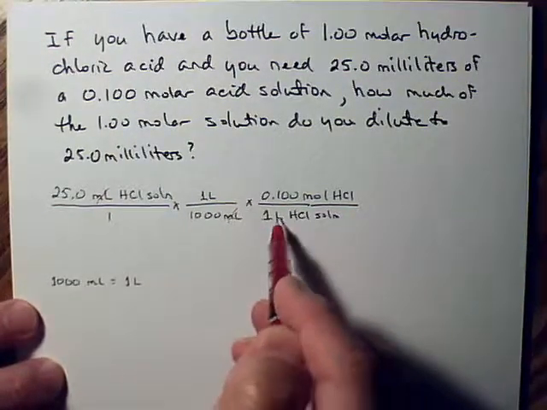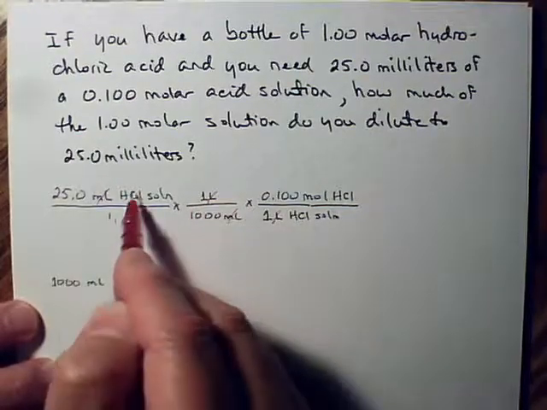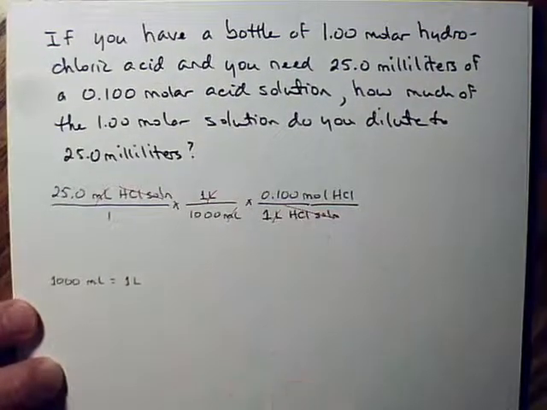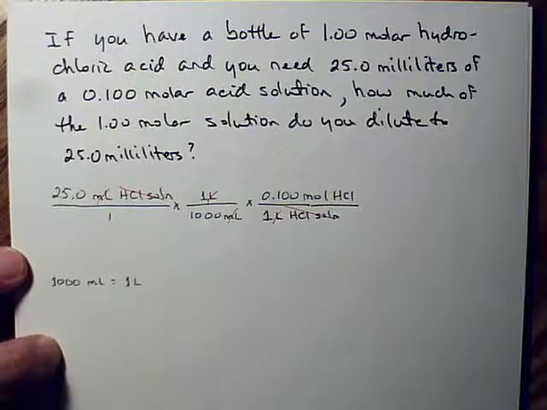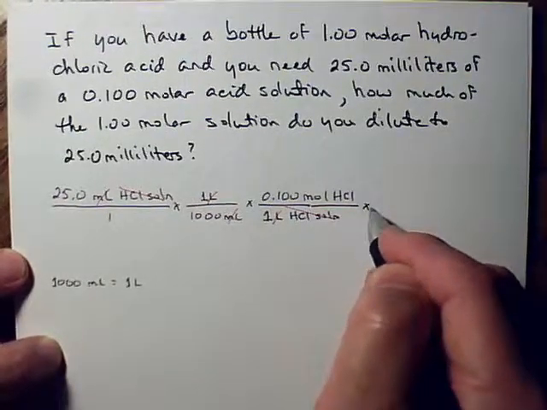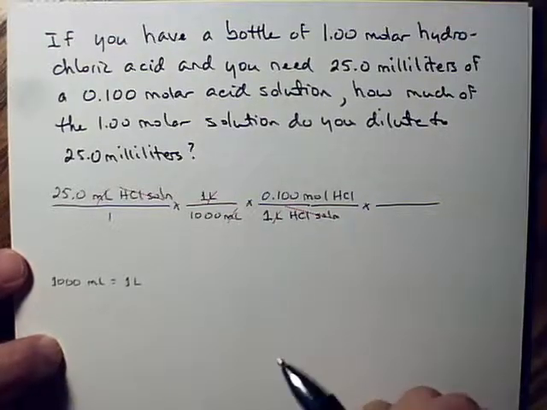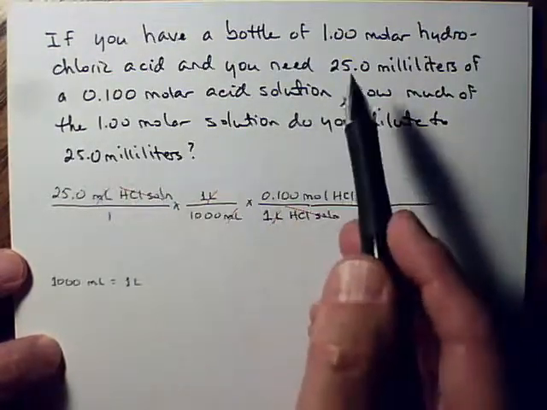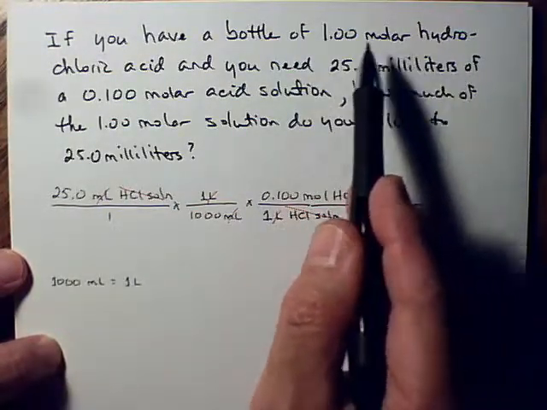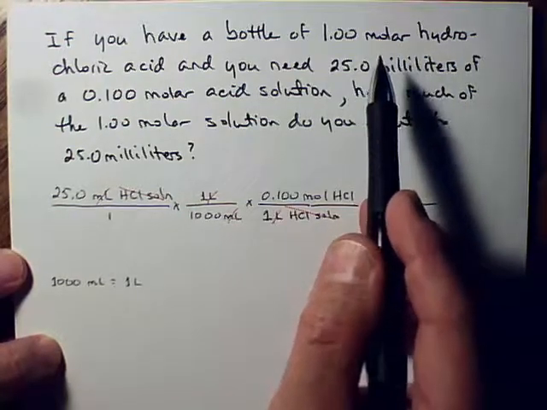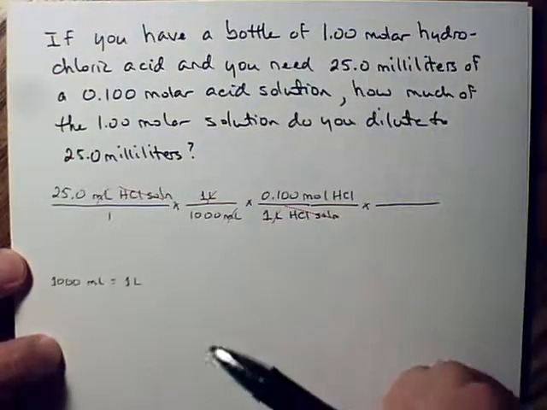I now can cancel out liters here and HCl solution. Okay? So I have it at moles. Now what I need to do to get to the volume of the second solution is to break out the beginning more concentrated solution into moles per liter and flip it.